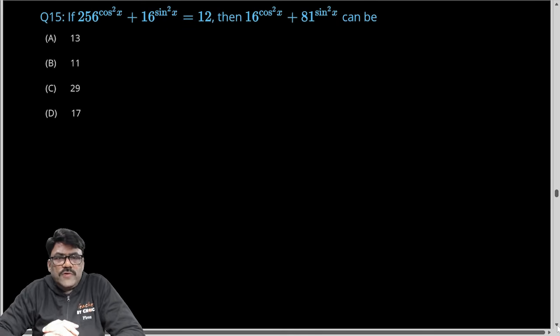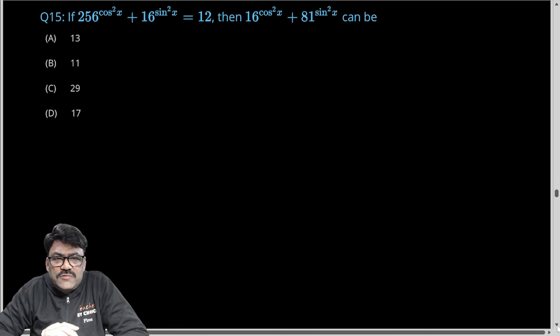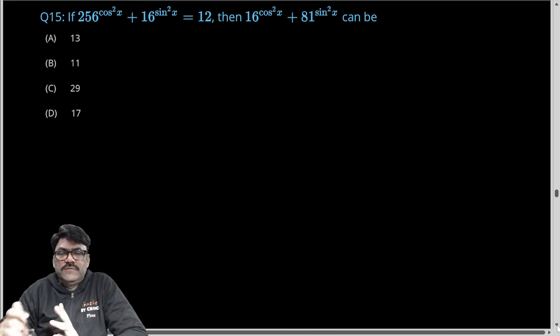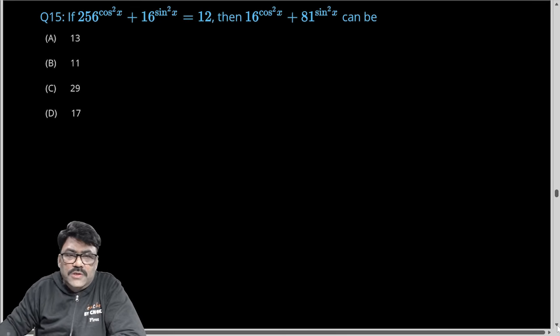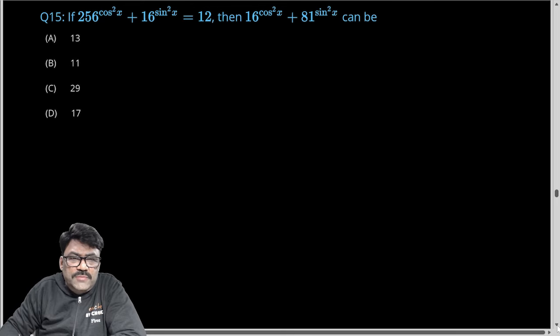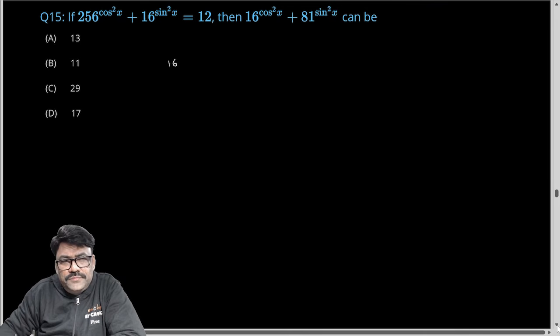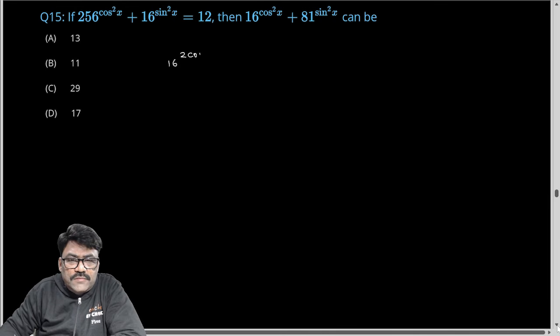See this question, this is from trigonometry. 256 raised to cos square x plus 16 raised to sine square x, it is 12. So then what will be the value of this second expression? So see 256 raised to cos square x, actually, it can be written as 16 raised to 2 cos square x.